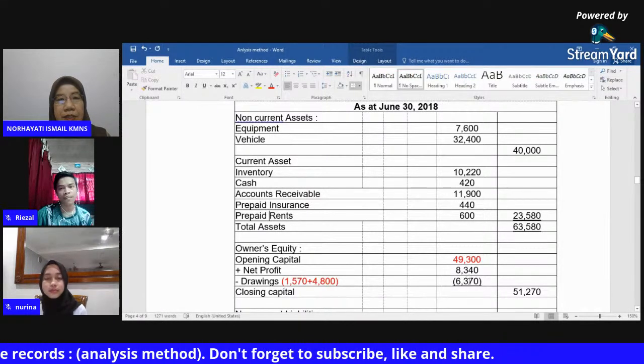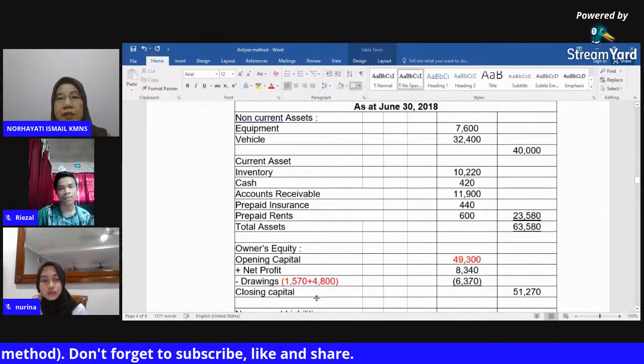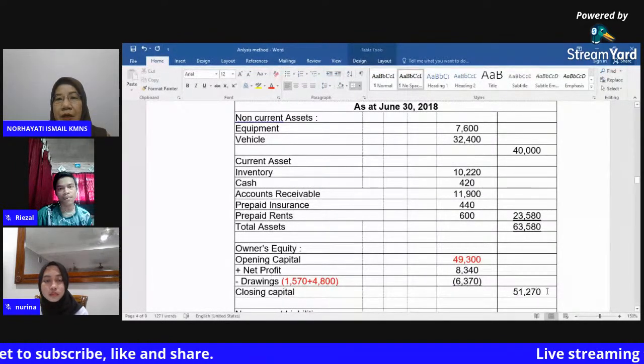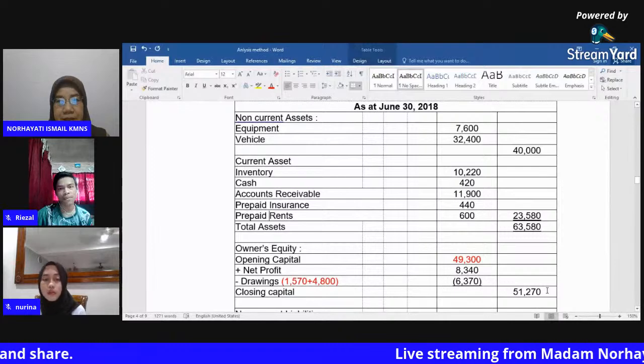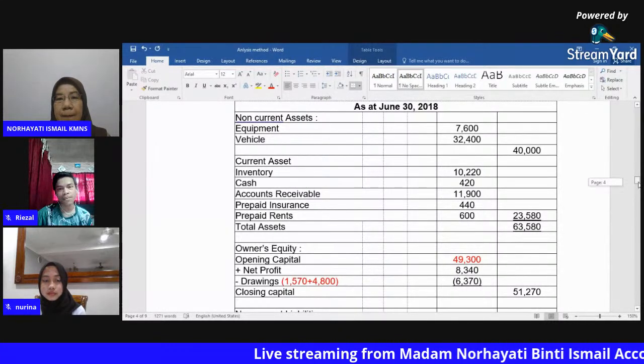This is the total, and you got the closing capital 51,270.